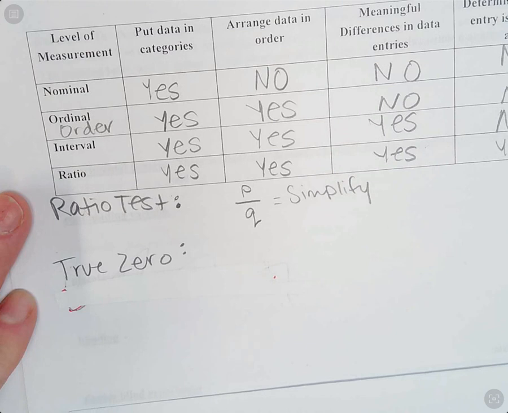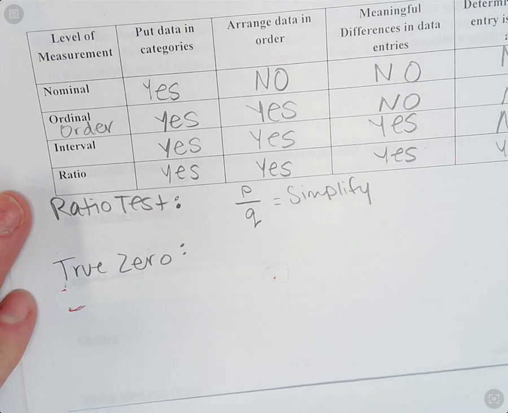Okay, so for ratios to make sense, there must be a value of true zero, where the value of zero indicates that none of the quantity is present, and zero is not an arbitrary value on a scale. The temperature of zero is arbitrary and does not indicate that there is no heat. So temperature in the Fahrenheit scale is at the interval level of measurement, not the ratio level.